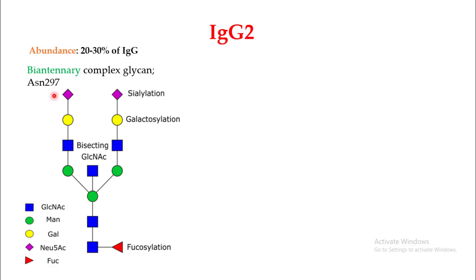If you look at the composition of this biantennary complex glycan, as you can see over here, you can see the N-acetyl neuraminic acid, and this is the color that is representing this Neu5Ac. So you can see these two over here. Then you have got the galactose attached to them.